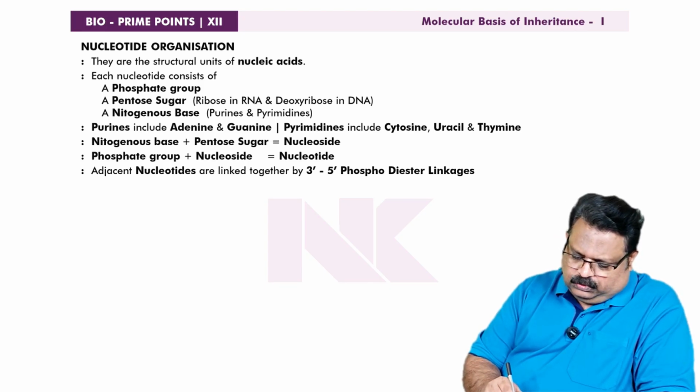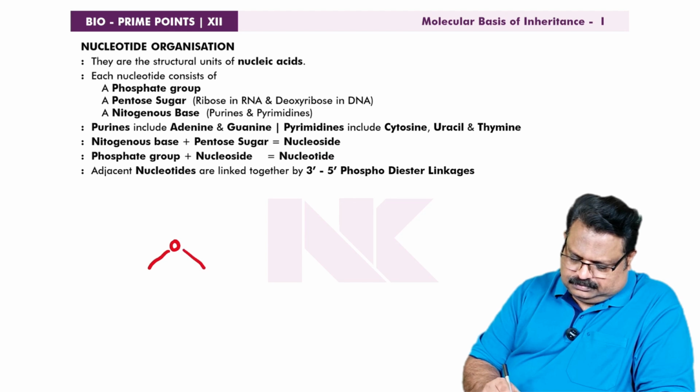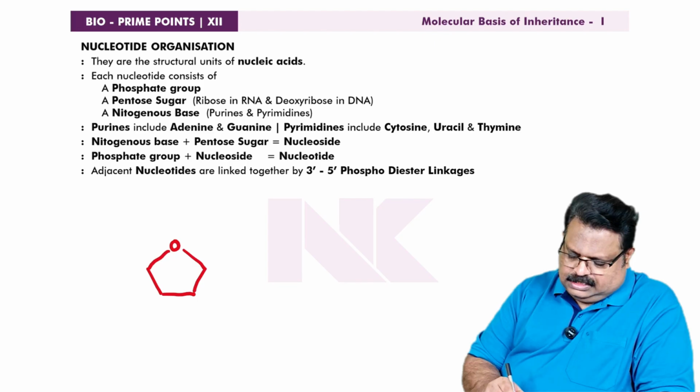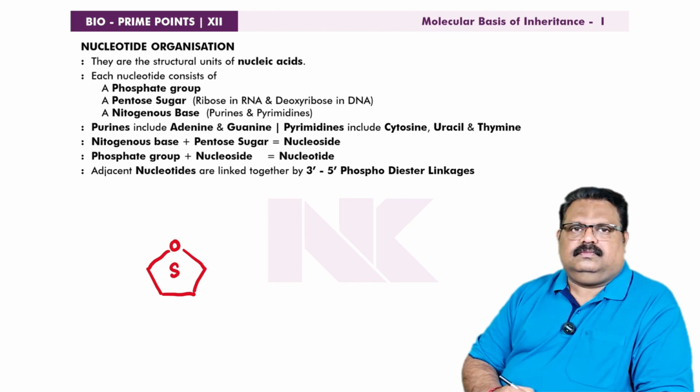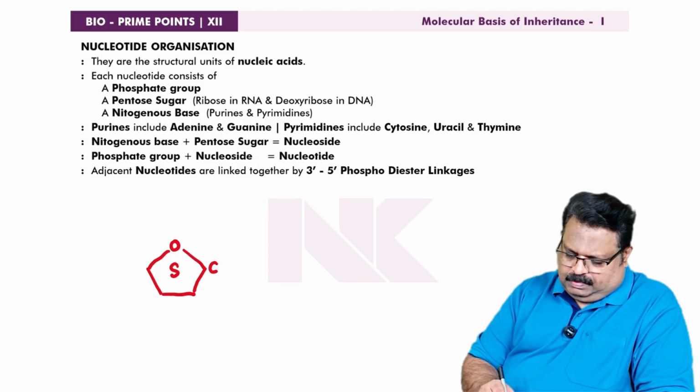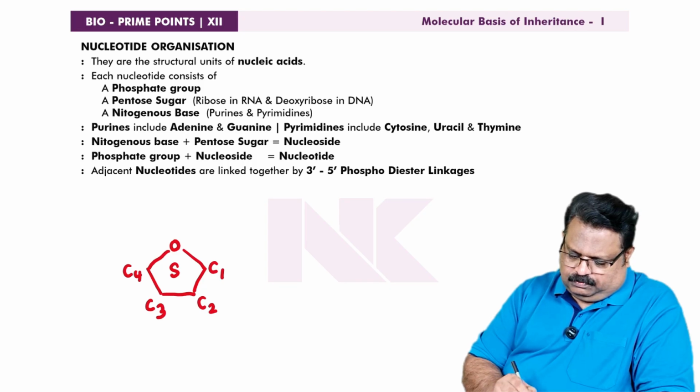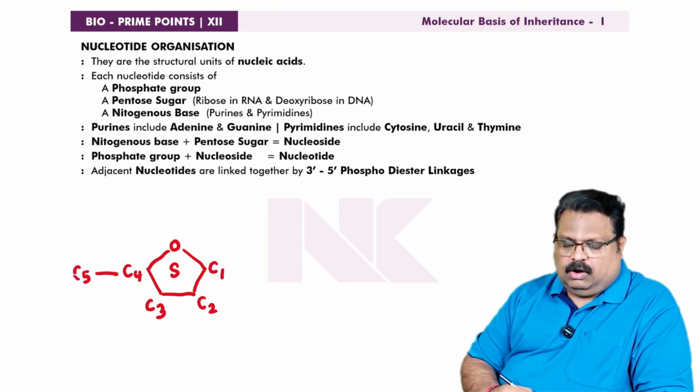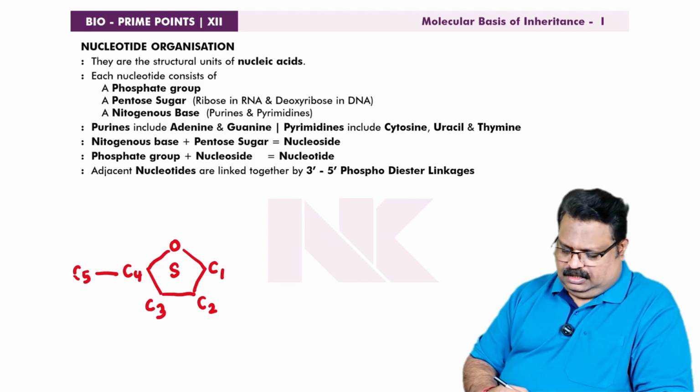There is a sugar unit, this is the sugar unit. It's a pentose sugar, a 5-sided ring structure, and this will be carbon 1, this will be carbon 2, this will be carbon 3, this will be carbon 4. And the carbon 5, the fifth carbon atom, remains outside the ring structure. So this is the ribose sugar.